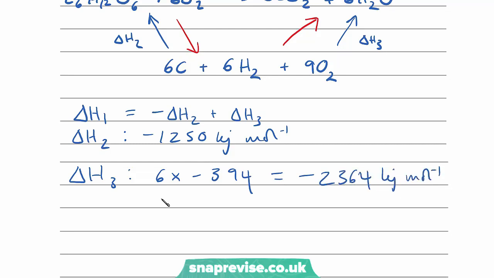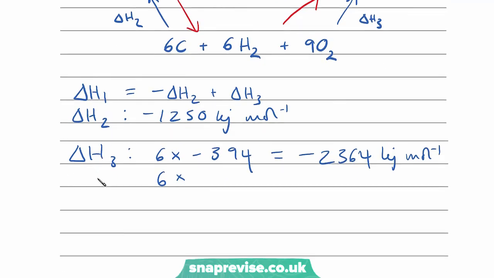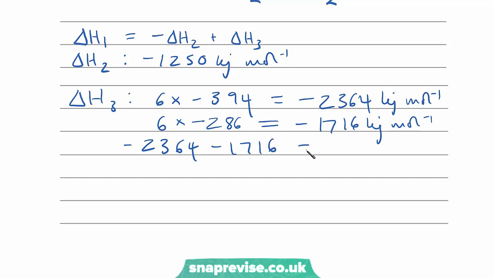And 6 times the enthalpy of formation of our water, which is given by our table as minus 286 kilojoules per mole, is minus 1,716 kilojoules per mole. To work out the total for delta H3, that would be minus 2,364 minus 1,716 to give us a total of minus 4,080 kilojoules per mole.